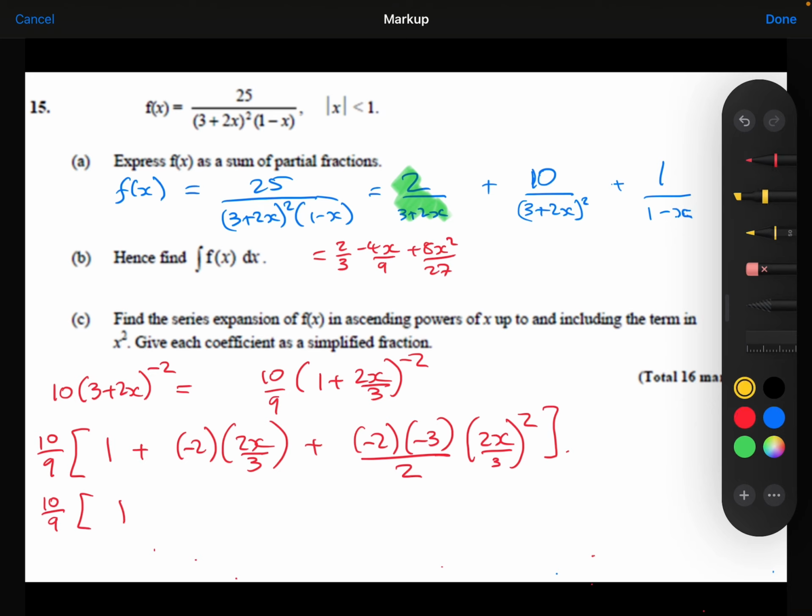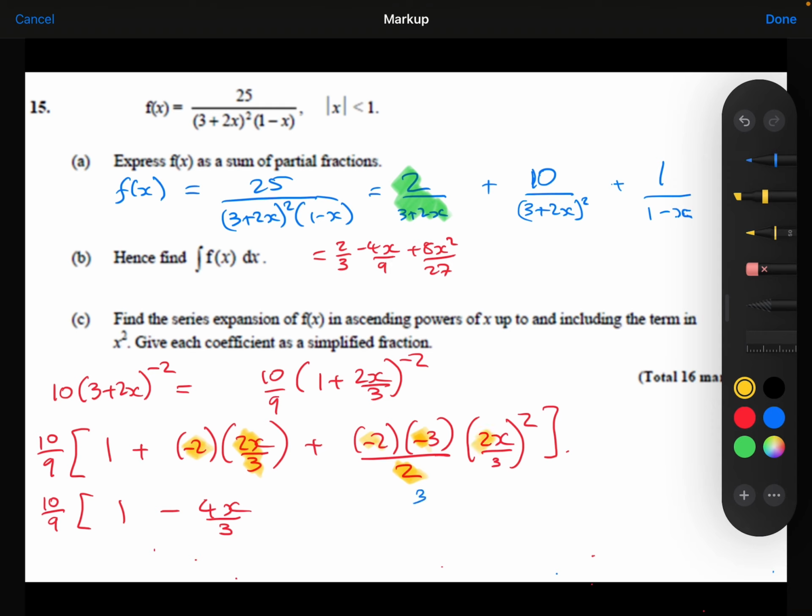So we've got the 1 at the front, then we've got the minus 2 times 2x over 3, so that's going to be minus 4x over 3. Then we have minus 2 times minus 3, so that's plus 6, divided by 2, so that's just 3 there.